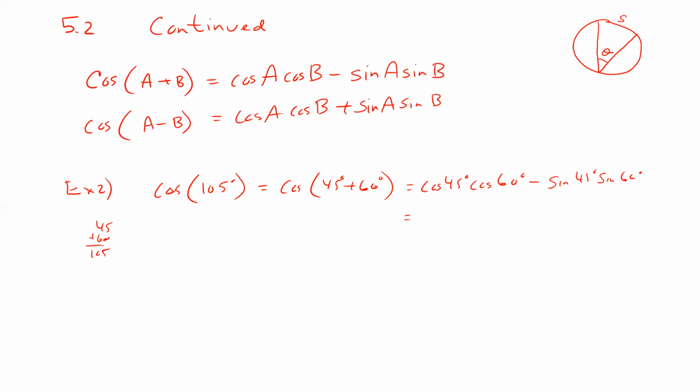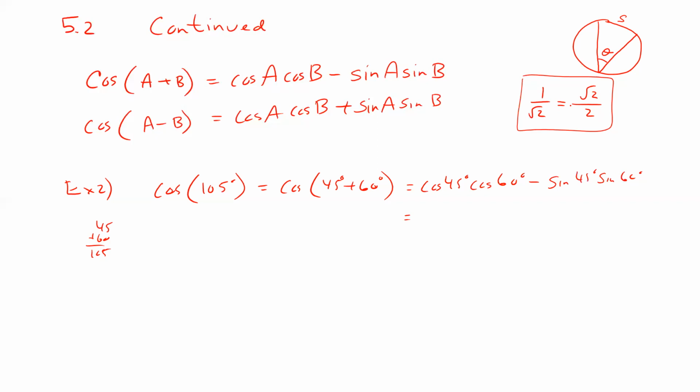Whenever you get a ratio of 1 over root 2, which is what your unit circle says, you can change it because it's the exact same thing as root 2 over 2. Those two have the exact same value. Choose the second one, it's a lot easier to work with.